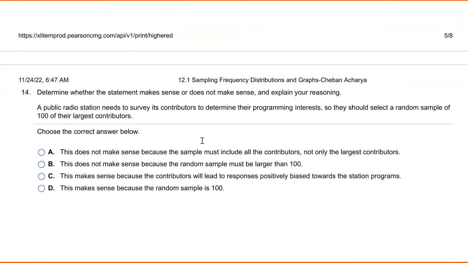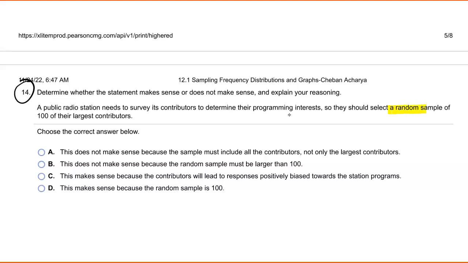Question number 14. Determine whether the statement makes sense or does not make sense. Explain your reasoning. A public radio station wants to survey its contributors to determine their programming interest. So they should select a random sample of 100 of their largest contributors.